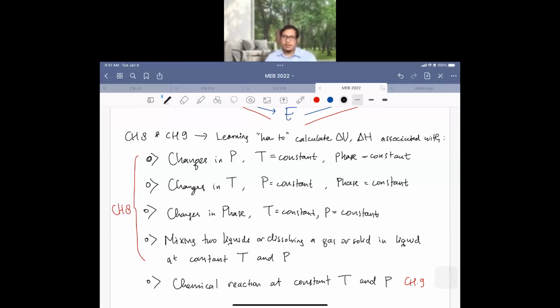Okay, so I think the first three changes you can know intuitively from the three variables that we have: temperature, pressure, and phase. Each one you may have changes, and the other two will be constant. Those three changes in variable will be our discussion in chapter 8, at least from 8.2 to 8.4.